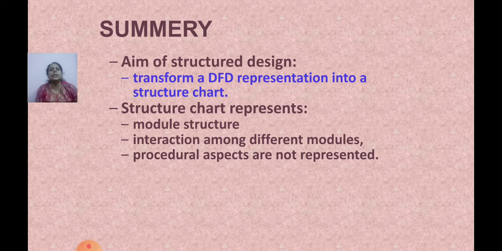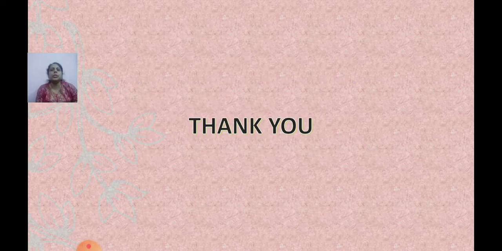The detailed design means the module algorithm and module data structure, which are described in the detailed design. So in structured design we convert the DFD into a structure chart which represents the module structure. So this is all about structured design.